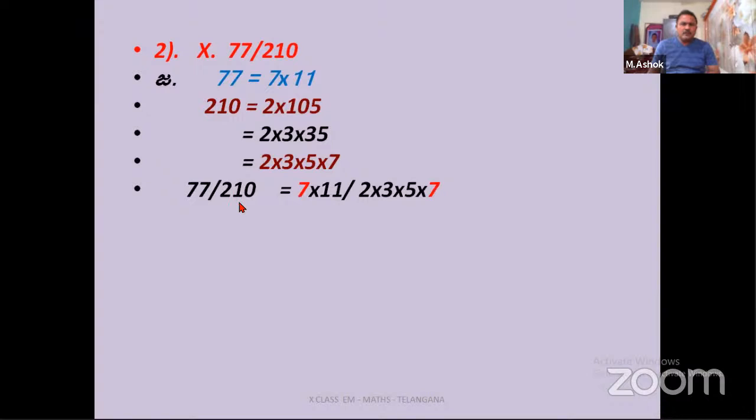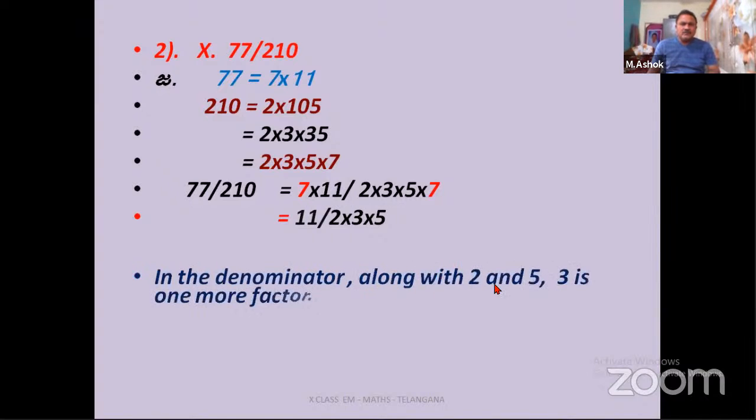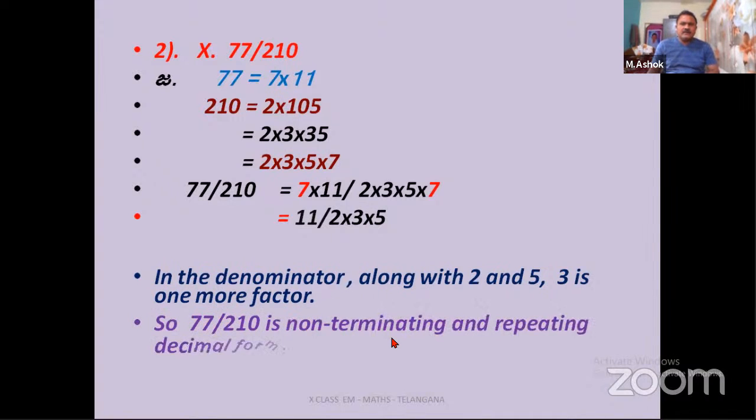So 77 by 210 is equal to 7 into 11 by 2 into 3 into 5 into 7. After cancellation of the 7, you have 11 by 2 into 3 into 5. So in the denominator, along with 2 and 5, 3 is one more factor. So clearly it is a non-terminating and repeating decimal form. Okay, so this is today's class.